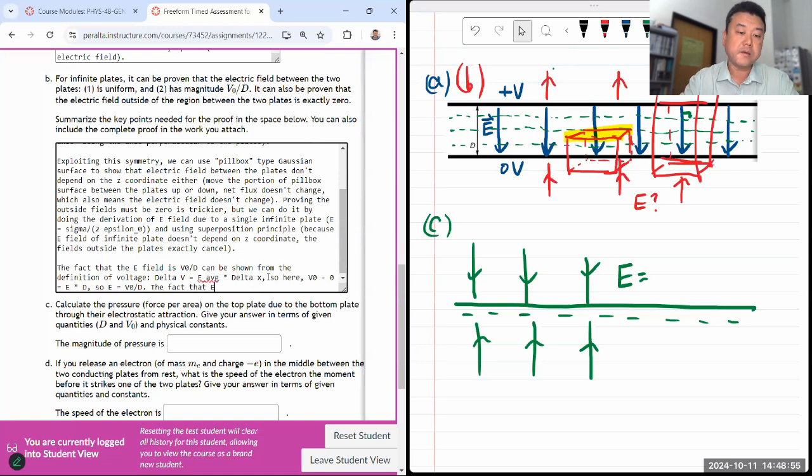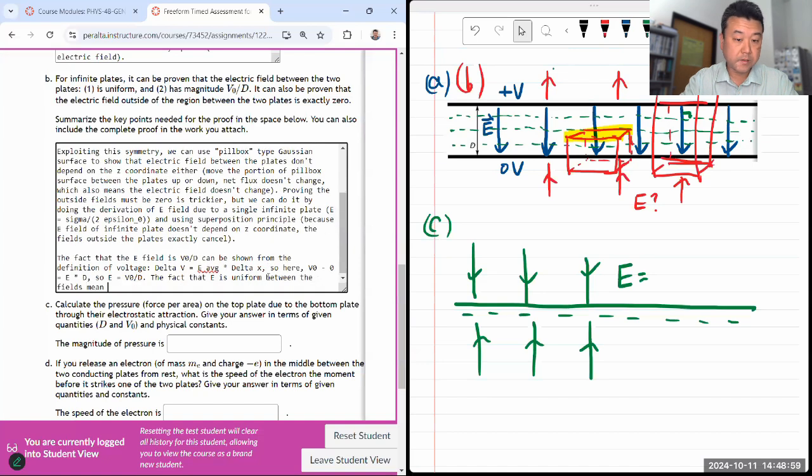Given the fact that E is uniform between the plates, we can replace E average with E. Yeah, and I'll be making use of that while I'm doing part C.